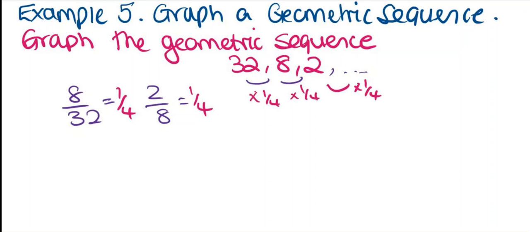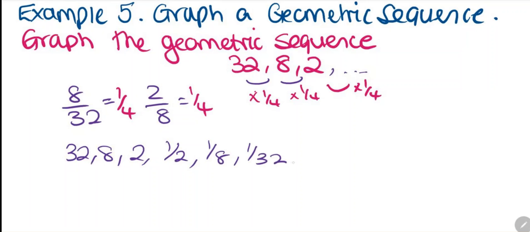So I'm going to just rewrite so I've got 32, 8, 2, and if I multiply this by a quarter, I'll have a half, and if I multiply this term by a quarter, I'll have an eighth, and if I multiply this term by a quarter, I'll have 1 over 32.